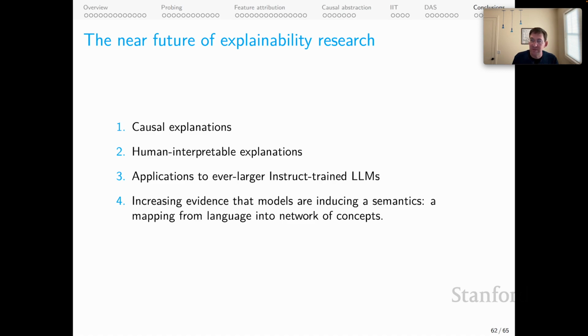If they are doing that, and if we can find strong evidence for that, it's tremendously eye-opening about what kinds of data-driven learning processes could lead a language technology to actually have induced a semantics from its experiences, which would in turn lead us down the road of having many more guarantees that their behavior would be systematic, which could be a basis for them being, again, trustworthy, safe, and secure, and all of those important goals for the field and for society.